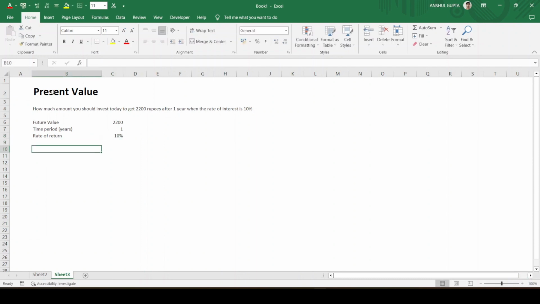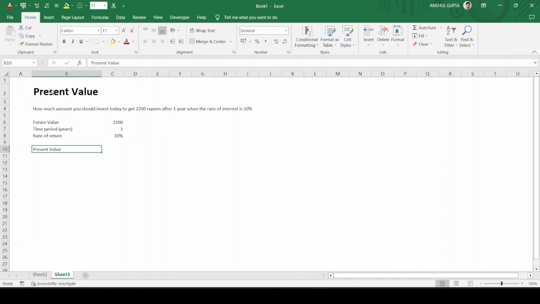Moving forward, we need to calculate the present value, which is simply the amount which we need to invest today if we want 2200 rupees after 1 year, considering the rate of return or the interest as 10%.